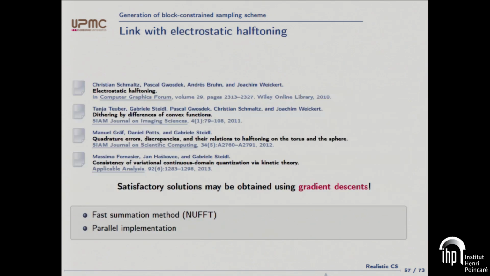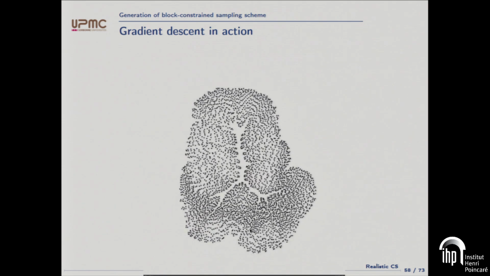Actually, half-toning has been studied by a lot of people, and this German school has provided numerical tools based on the non-uniform fast Fourier transform to do a fast summation method, and you can do it with a parallel implementation. And you just do a gradient descent, and it works well in practice.